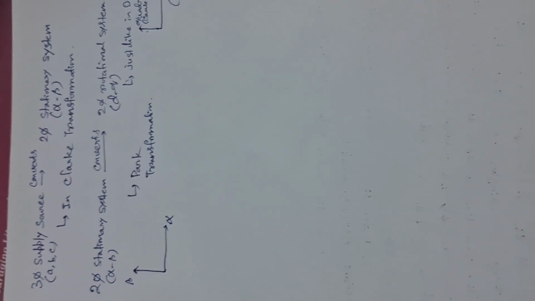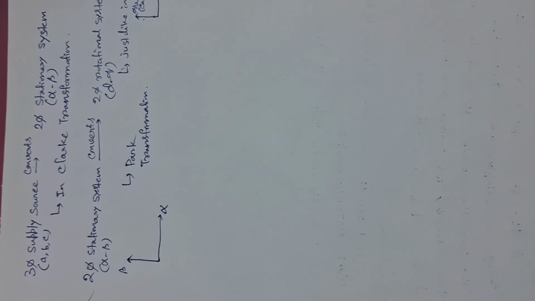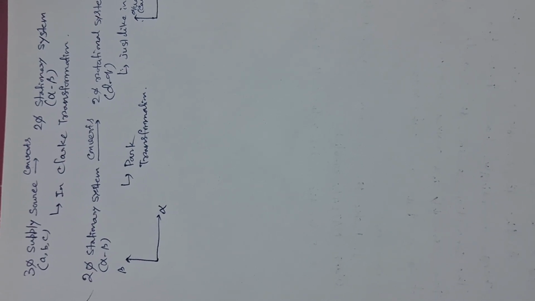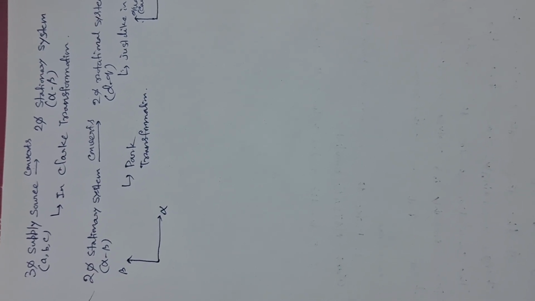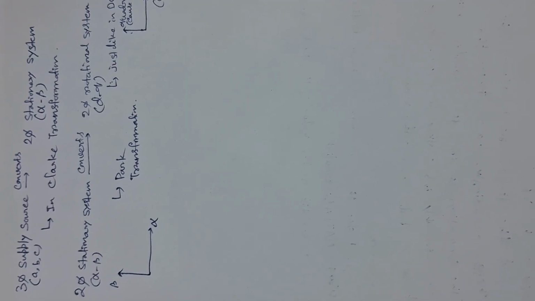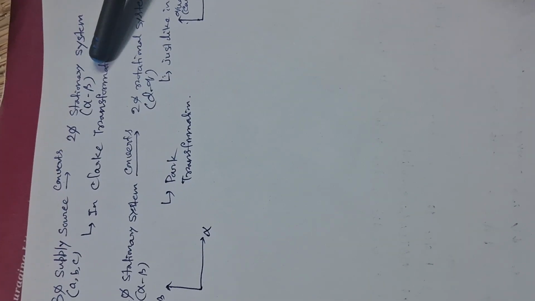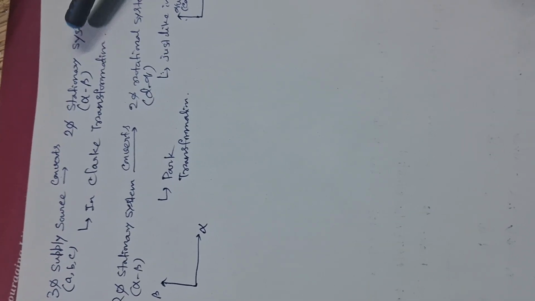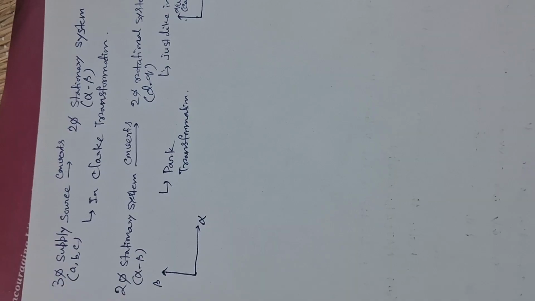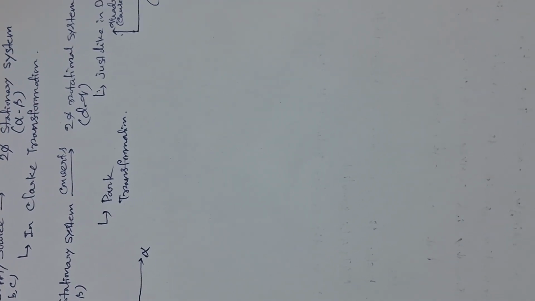That's why we have to convert this three-phase system into a two-phase system, just like a DC motor. This is done in two parts. The three-phase system to the two-phase stationary system is done by the Clarke transformation. The mathematical part is also long, and we are going to cover it later.